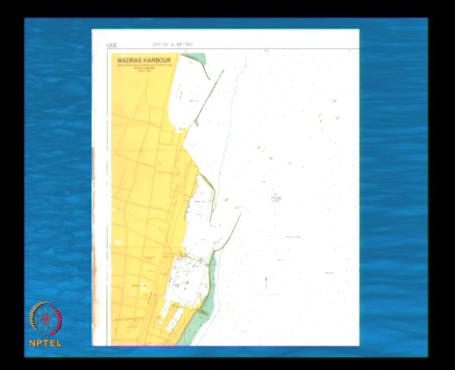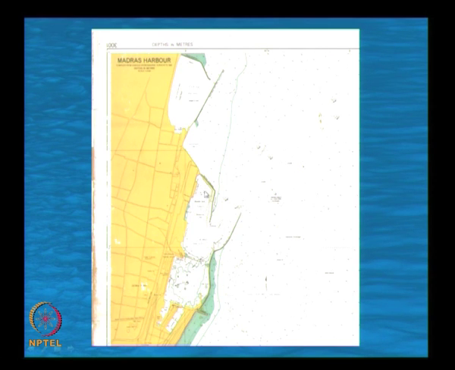This shows Chennai. This is your Jawahar dock, this is your Ambedkar dock, this is your Bharati dock, this is your entrance channel, and this is your training circle I was talking about, the harbor basin.